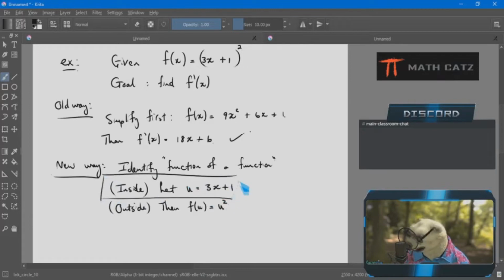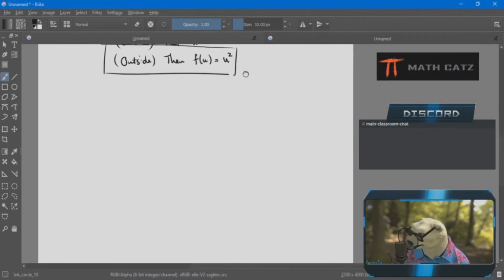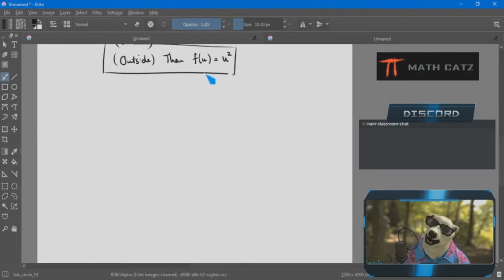I see that as a function in x, which it is. When later on I look at the outside function, I see nothing else. This is a function, as if there is nothing else on the page. This function happens to have a variable called u. Doesn't matter what the variable is called. It's just a function. Okay, that is going to help me a lot.